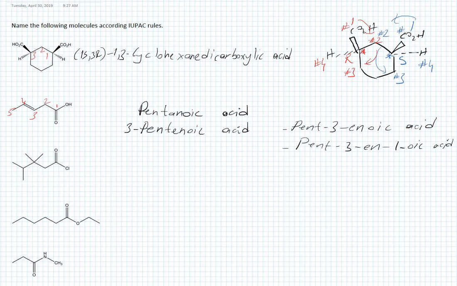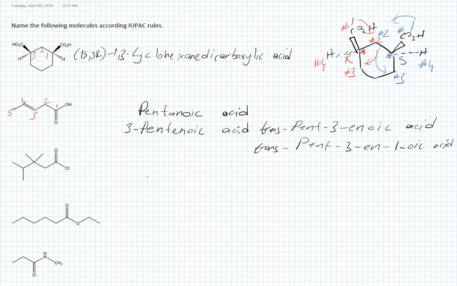If you look, the methyl and this substituent are on the opposite side, so this has to be trans. So let's write here trans. Basically both namings are correct, trans-pent-3-enoic acid or trans-pent-3-en-1-oic acid.